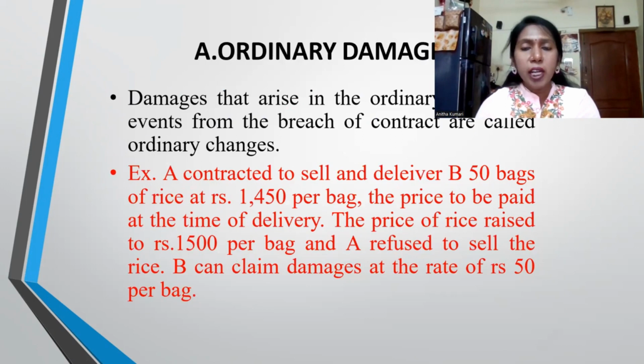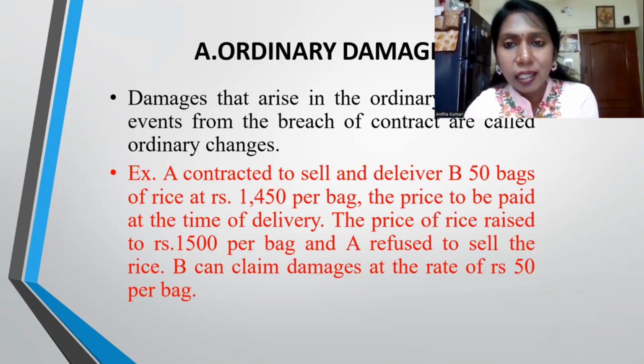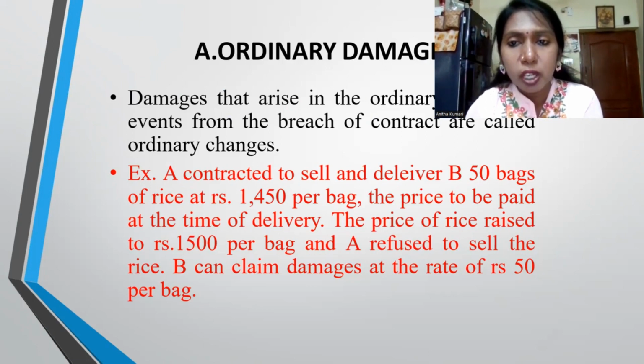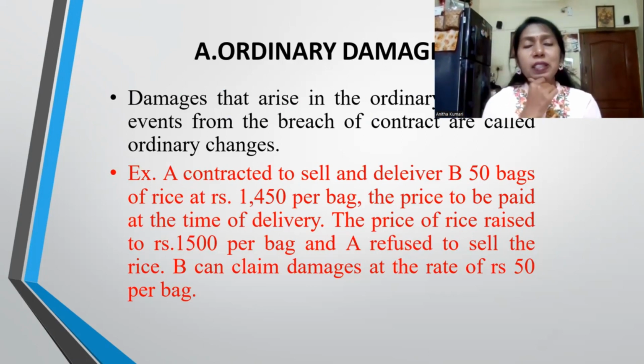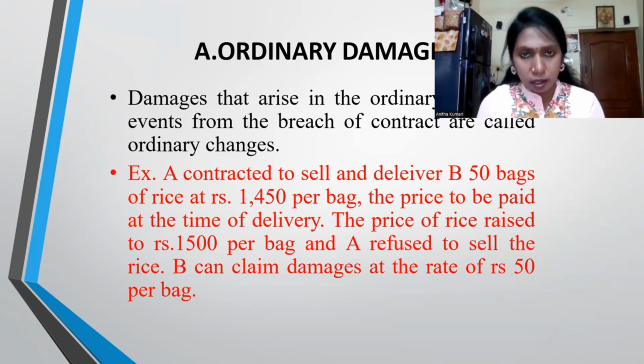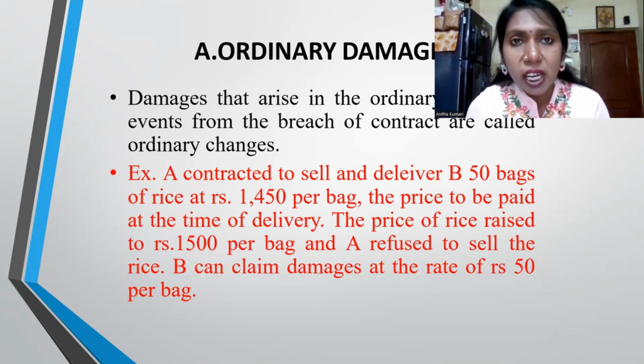Okay. So what is called ordinary damages? Damages that arise in the ordinary course of events from the breach of contract. When one person is not performing his respective promise, the other person may face some losses due to the difference in market price. That is called ordinary damages. Do you understand?